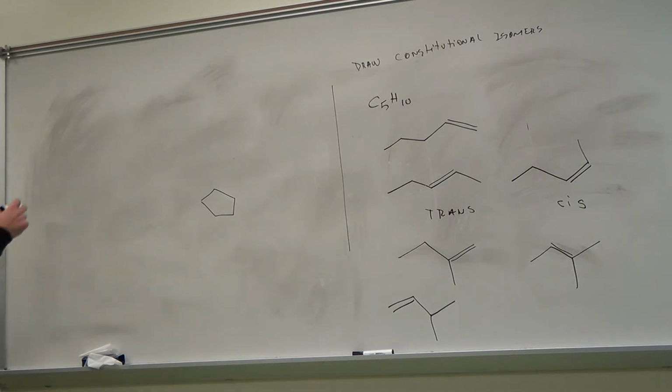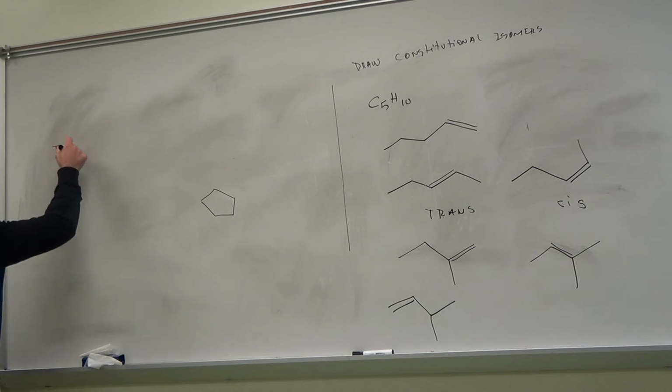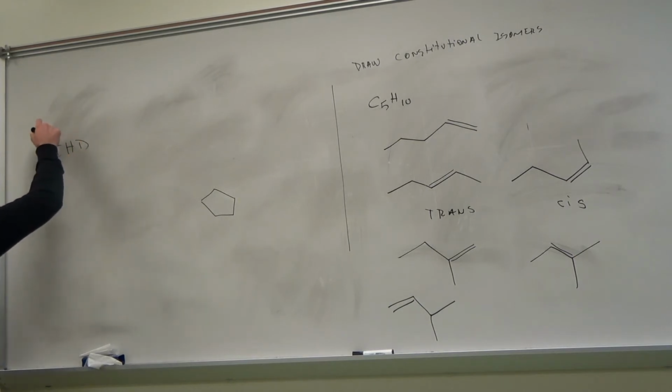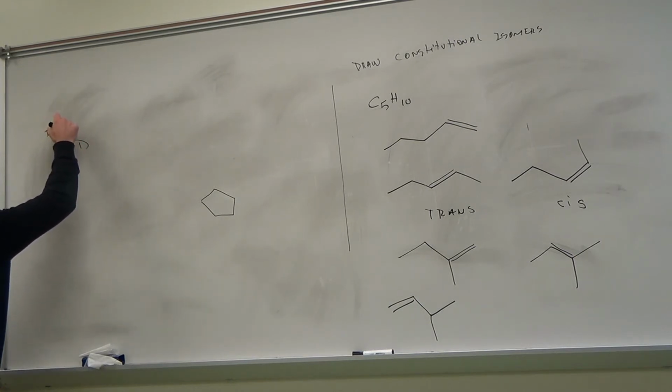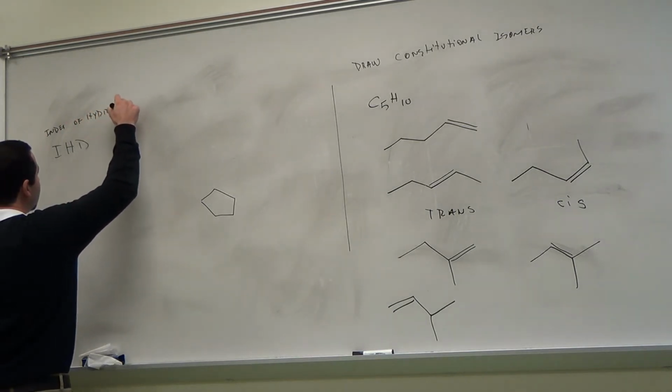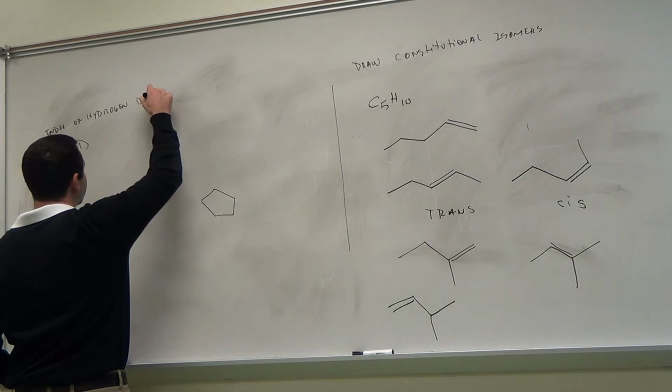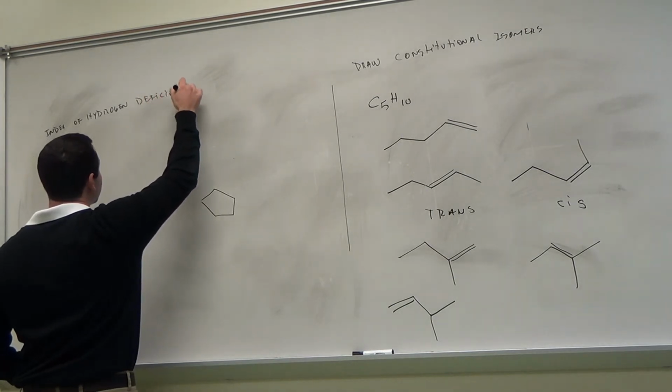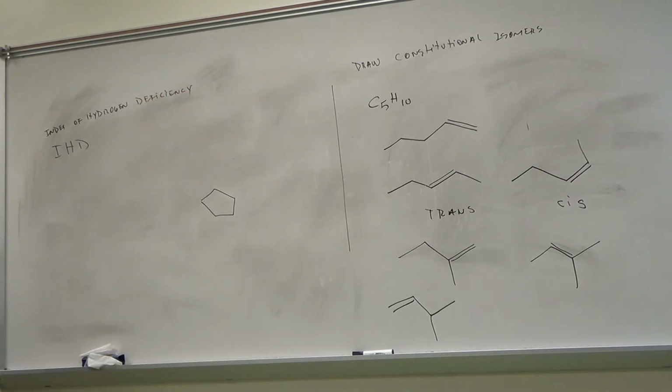We are going to calculate something called IHD, and this is called index of hydrogen deficiency. This IHD is used to find out how many double bonds or how many rings something has.